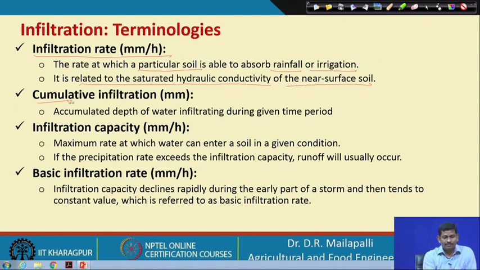The other term is cumulative infiltration. Once you have the infiltration rate at different time intervals, you can find the infiltration depth during each interval. If you sum up all the depths, you get the cumulative infiltration, the accumulated depth of water infiltrating during a given time period.